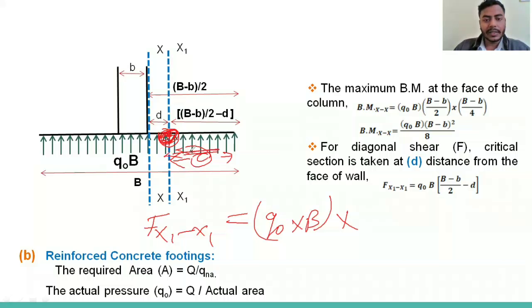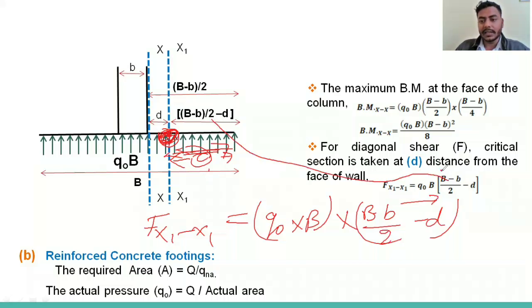So UDL into this length. What is this length? B minus b divided by 2 minus d. I have written the same thing here. So UDL into the length of UDL that causes the shear at the x1 axis that we have calculated.